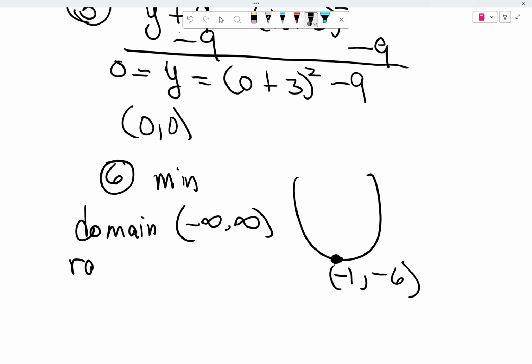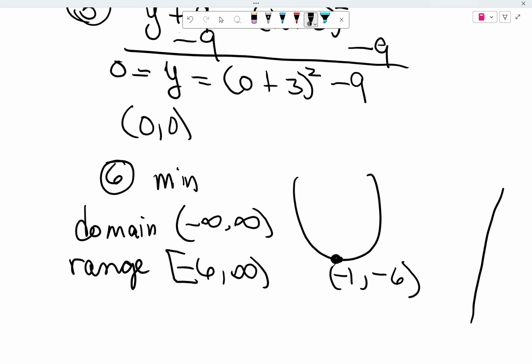The range, because you know that this is a minimum, we know that this has to come from the bottom up, which is -6, inclusive, to positive infinity. Please listen to this. If we're talking about the range, we're coming this way. Home under range, from the bottom up, always. Okay?